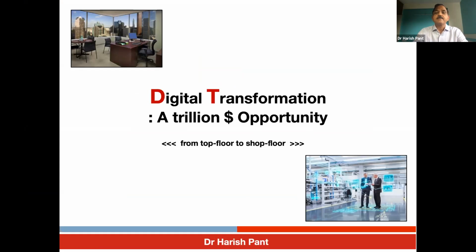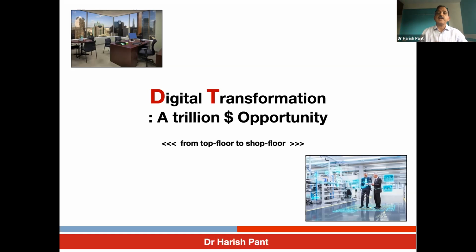So as we know, digital transformation is a $1 trillion opportunity. If we take the digital transformation which is taking shape worldwide, people say that in the next couple of years, it is going to throw up a $1 trillion opportunity.